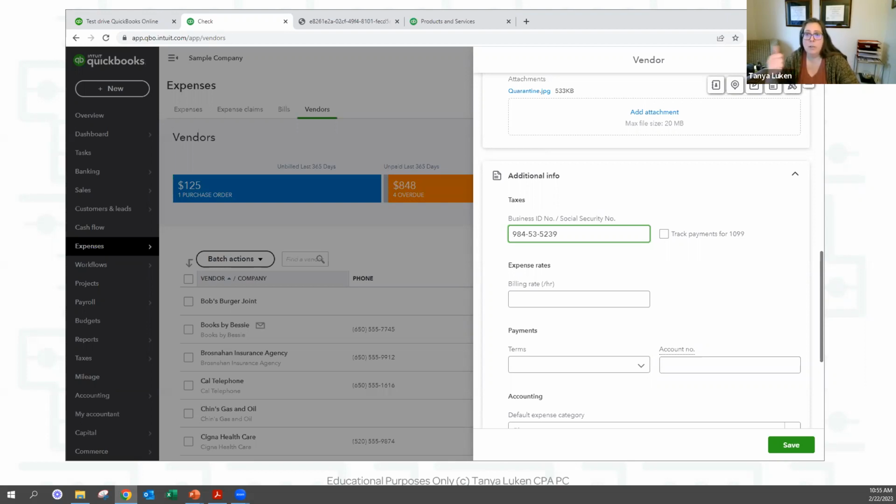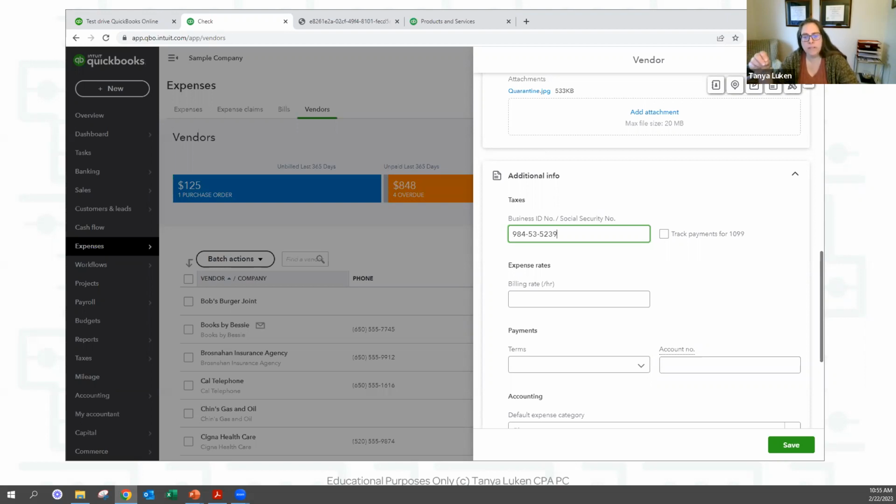Most of us pay lawyers. Most of us pay for services. Most of us pay interest to a private party. All of those things you have to report to the IRS if they're not a corporation.